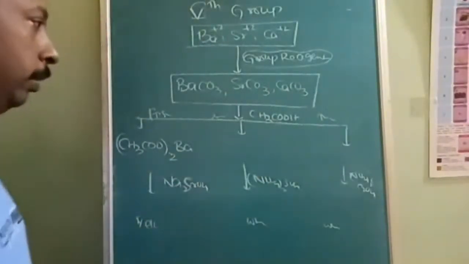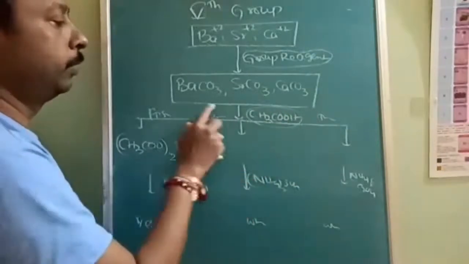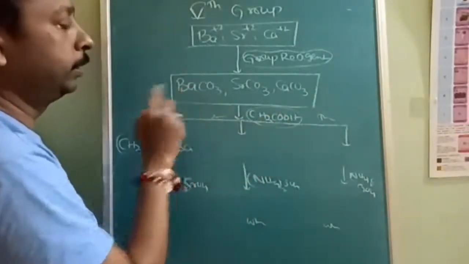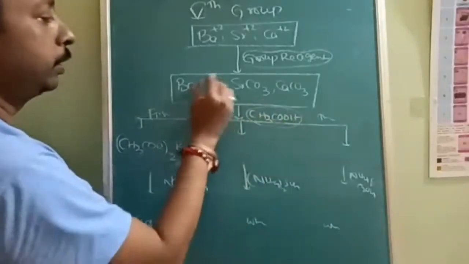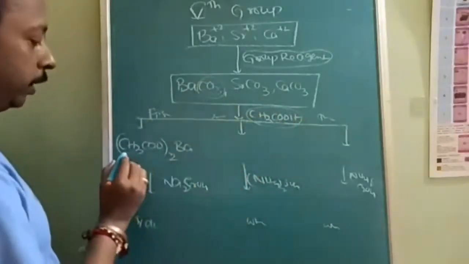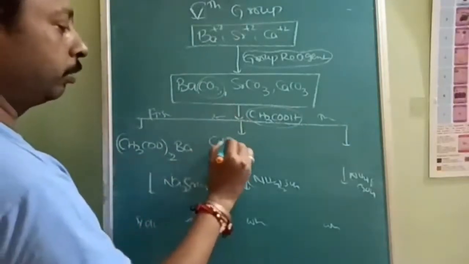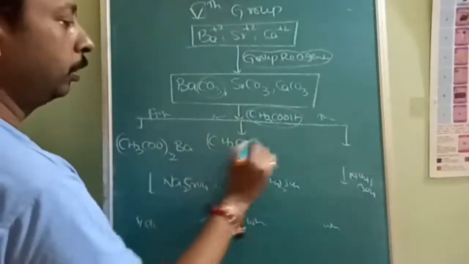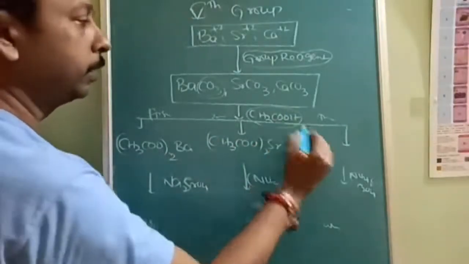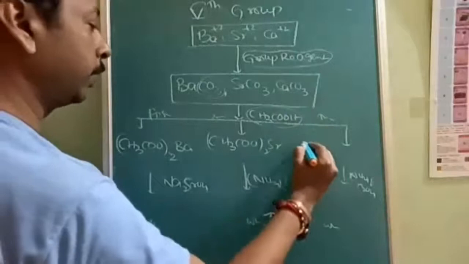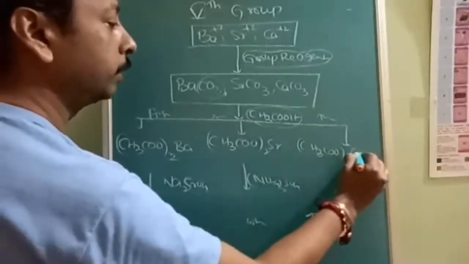Then they are treated with acetic acid. Acetic acid will be replacing the CO3. CO3 is divalent but acetate is monovalent, that's why barium acetate, (CH3COO)2Ba. Same way, (CH3COO)2Sr, strontium acetate, and calcium acetate, (CH3COO)2Ca.